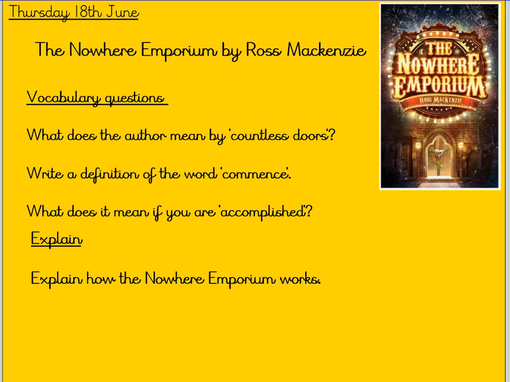What does it mean if you are accomplished? And your explanation question is: explain how the Nowhere Emporium works. You might need to listen to the chapter first to answer that one. If you want to pause that, make note of those questions or answer them on your piece of paper.